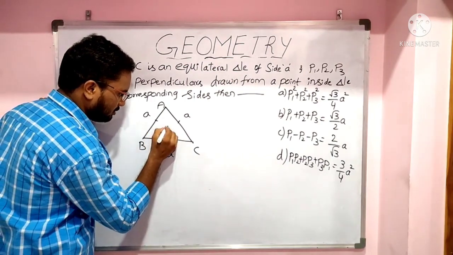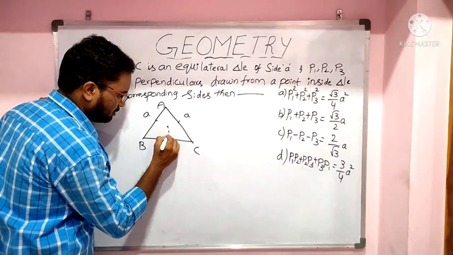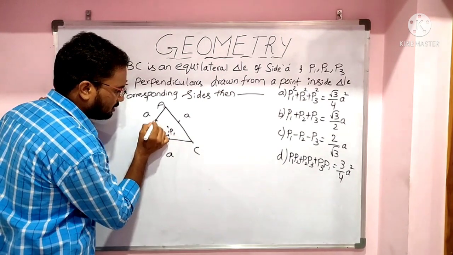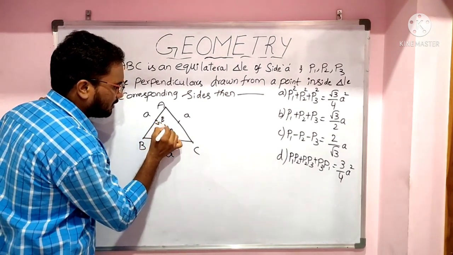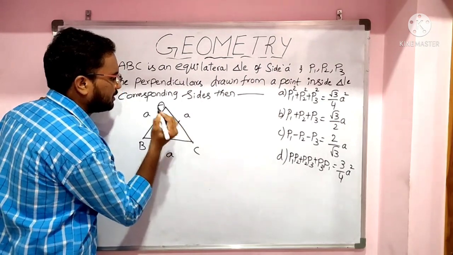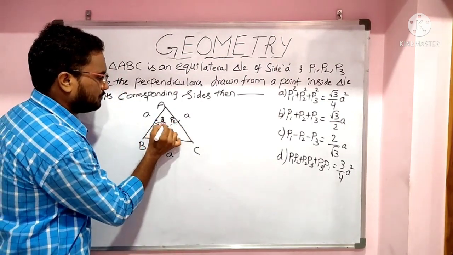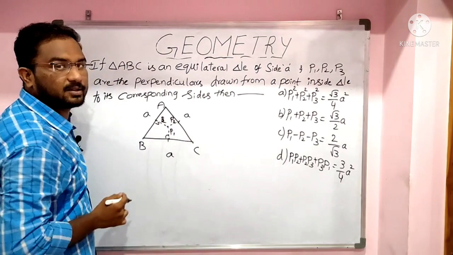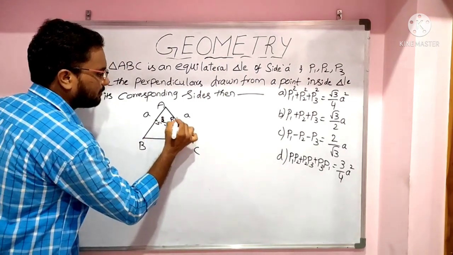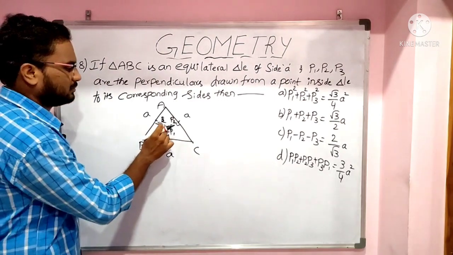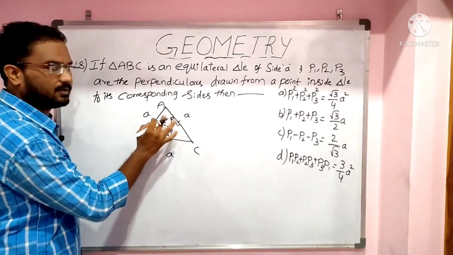This is P1, and let us say this is P2. Let us say this is P3. P1, P2, P3. Now these are the perpendiculars drawn from any point to the sides of a triangle.